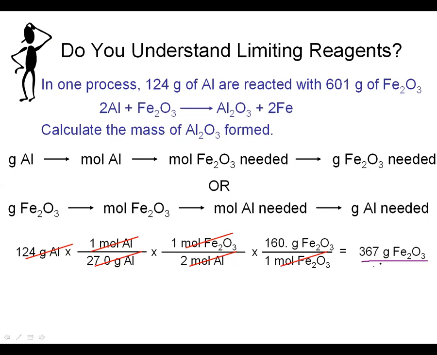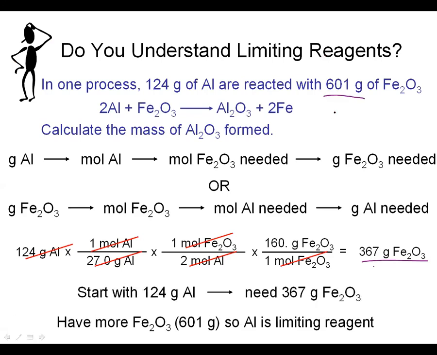They figured out they needed 367 grams of iron(III) oxide. They started with 601 grams of iron(III) oxide. What that tells you is the iron(III) oxide is the excess reagent because they had enough, and that by default, the aluminum would be the limiting reagent.